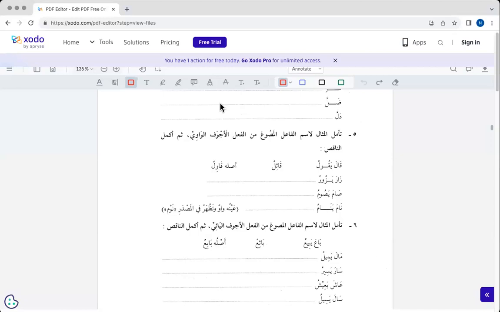Let's go to the whiteboard. Qala. This is ajwaf because, can you guys see the whiteboard?